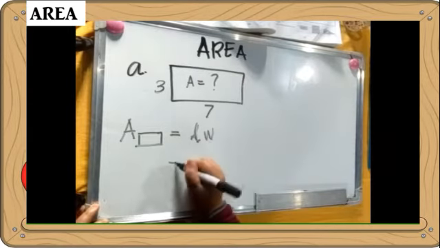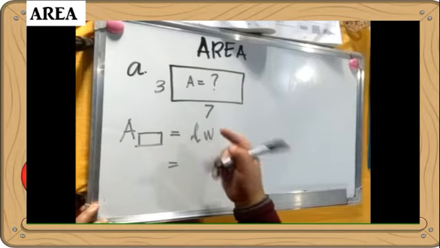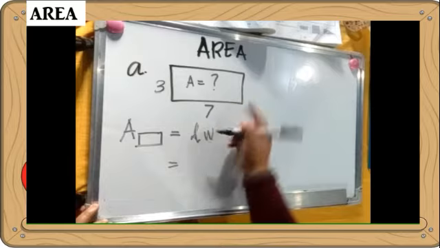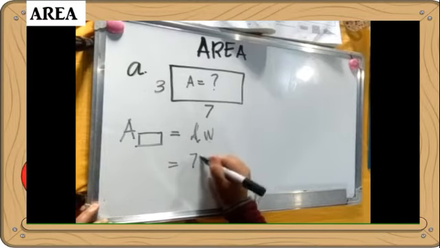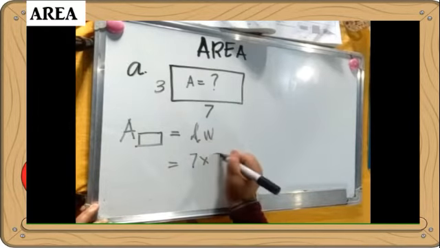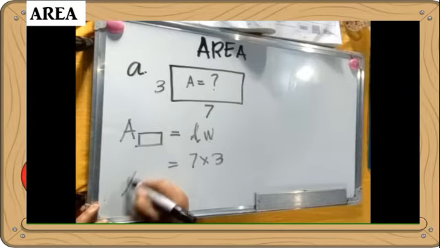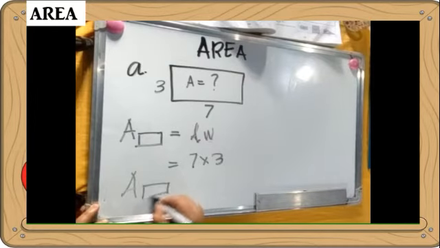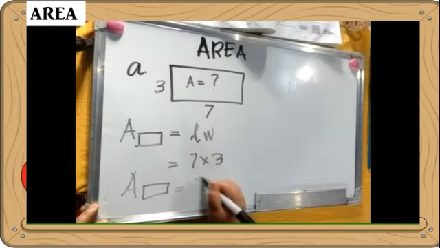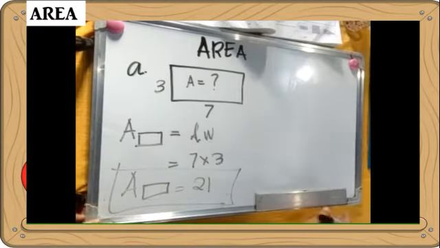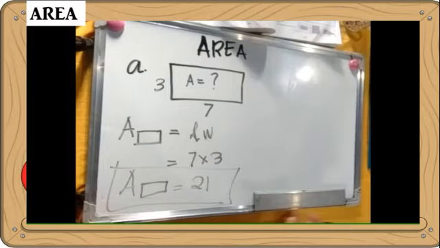So, all you have to do is to, what is the length of this rectangle? It is 7. What is the width of this rectangle? It is 3. So, the area of this rectangle is 7 times 3. We have 21. Okay, that's it. Lisod sayon. Sayon ra kayo.